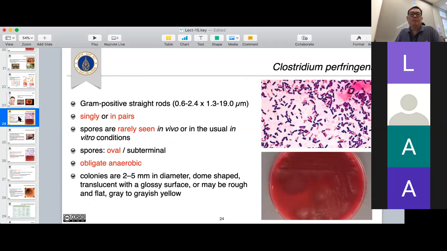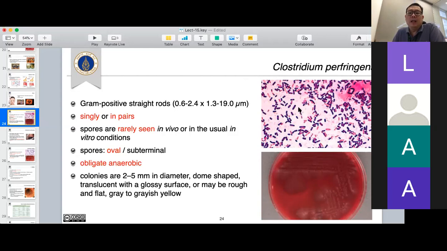This one is Clostridium perfringens. Perfringens is not only a food poisoning organism. The cells are shorter than tetanus or botulinum. The cells are very short, and you will probably see them staining gram positive mixed with gram negative, because they are kind of gram variable.